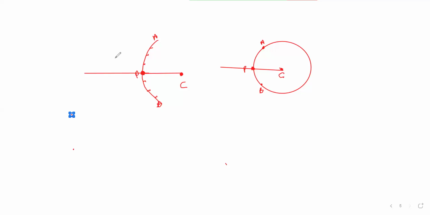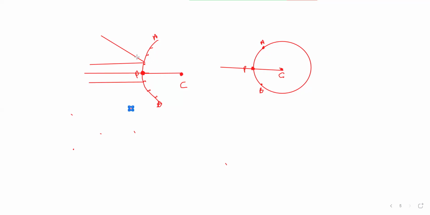If you incident a parallel beam of light close and parallel to the principal axis, this mirror diverges the reflected rays. This one also diverges reflected rays.